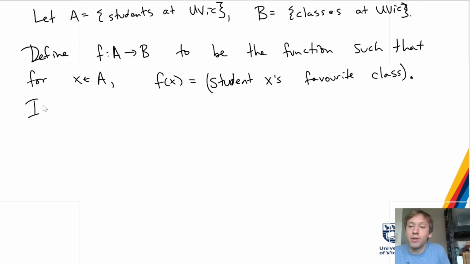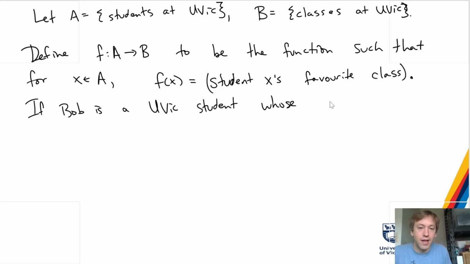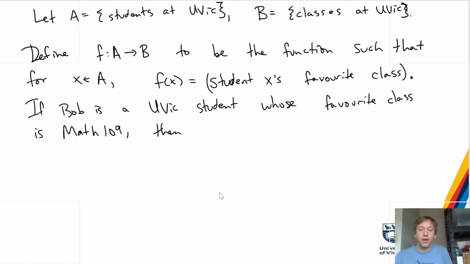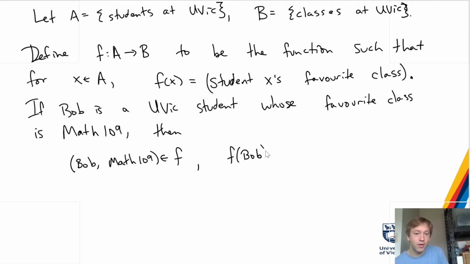So if Bob is a UVic student whose favorite class is Math 109, then there are a few things that we know. The pair (Bob, Math 109) is in f, or in other words, f of Bob equals Math 109.